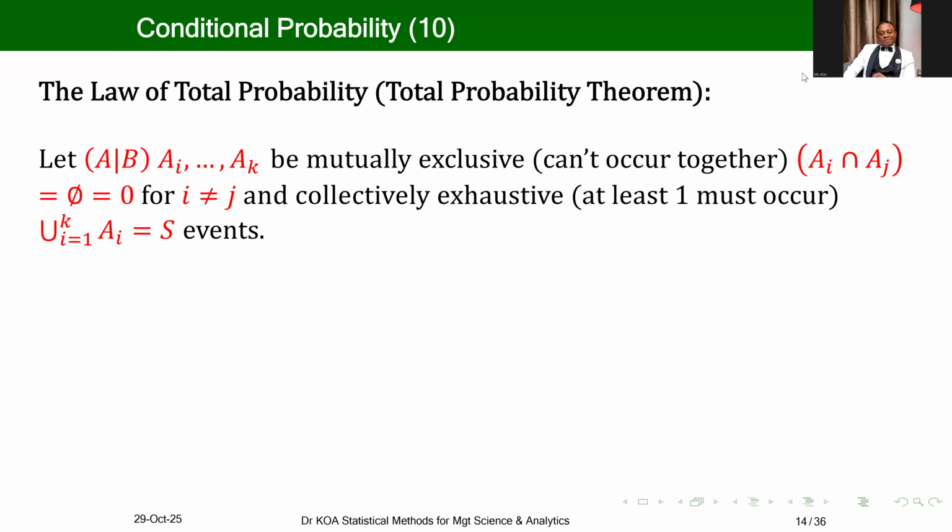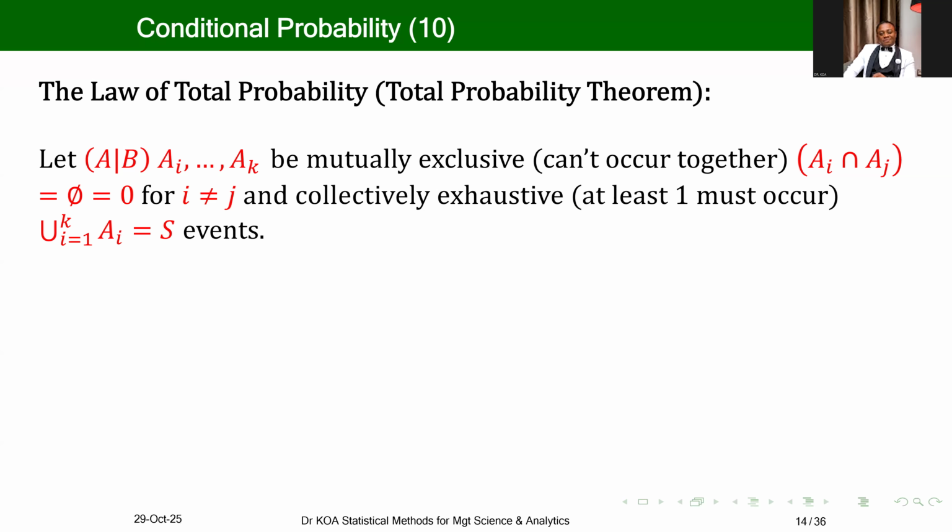Mutually exclusive here means that they can't happen at the same time, and A_i intersection A_j is an empty set, or it's 0. Both A1 to AK are also collectively exhaustive, which means that at least one of them must happen. And this is all the information you have in the sample space. Let that be our first thing.